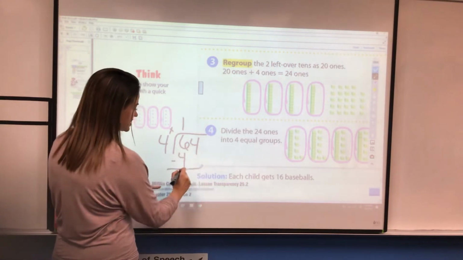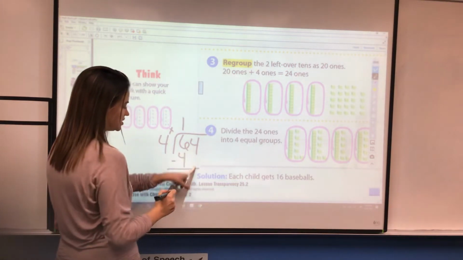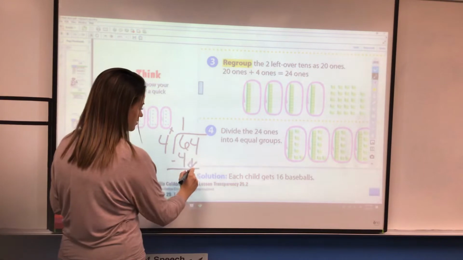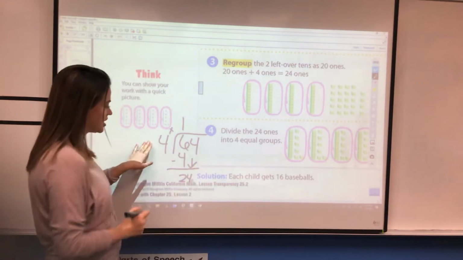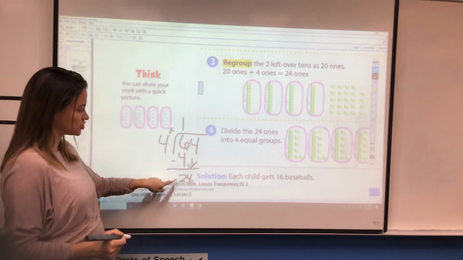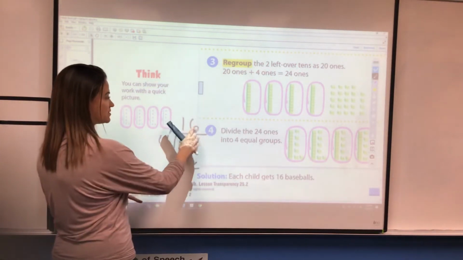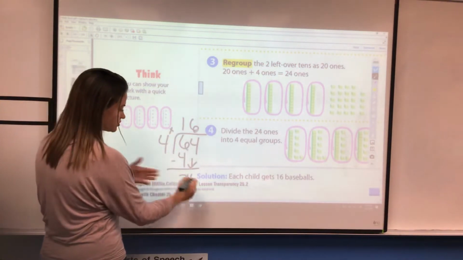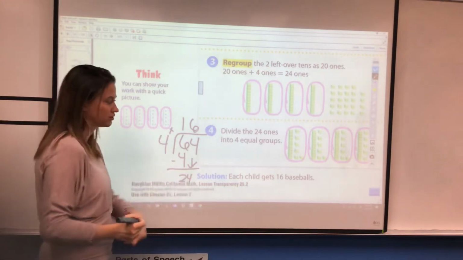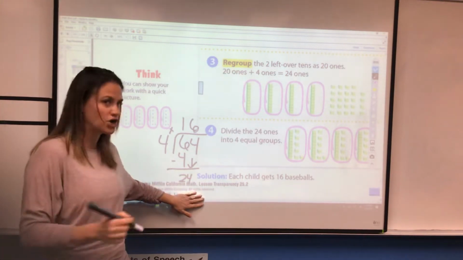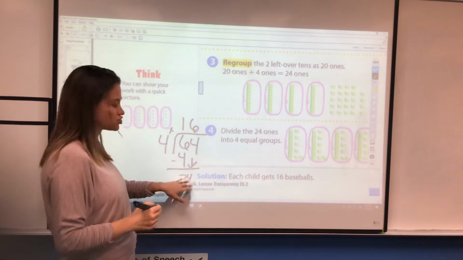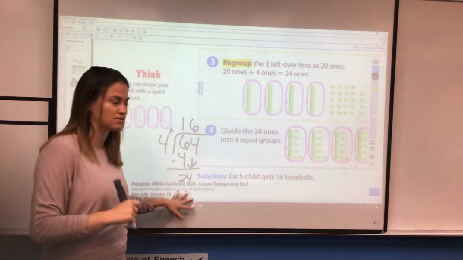Once you subtract that, you get 2 left over, and you got to bring down your 4, and you get 24. Now, how many times would 4 go into 24? It'll go 6 times. And I know that because 6 times 4 equals 24. I'm sorry, I kind of ran it in over there. So then you'd have no remainder because you'd have 24, and 24 minus 24 is 0.